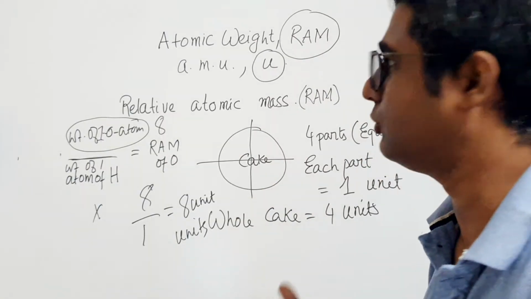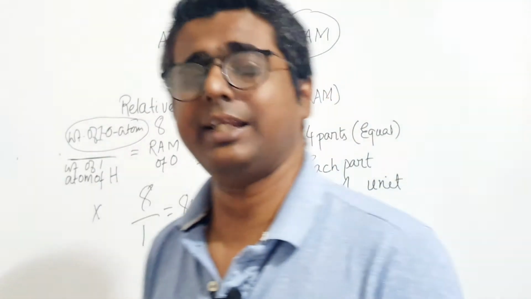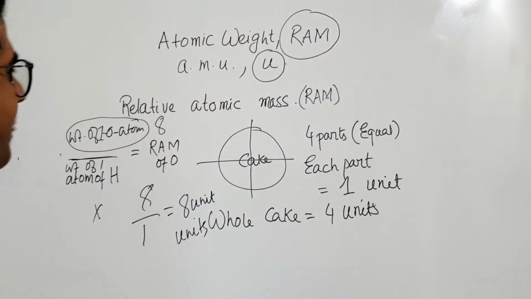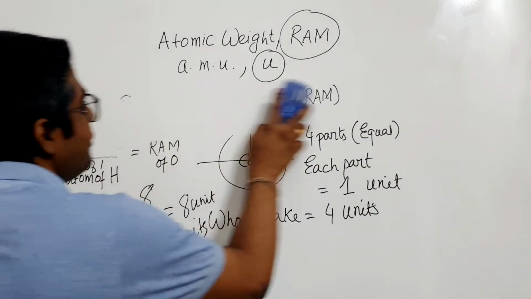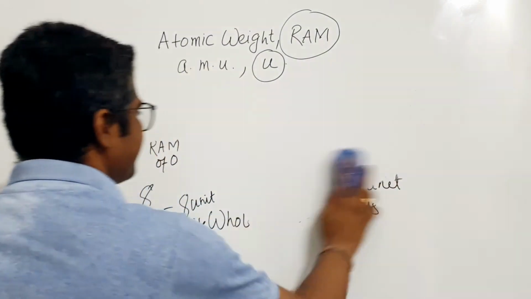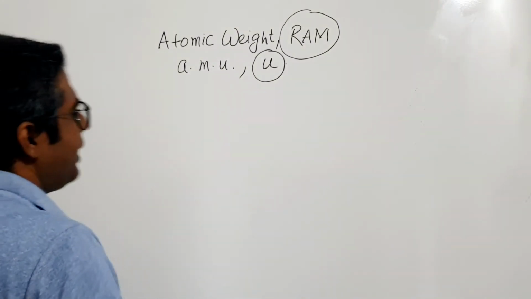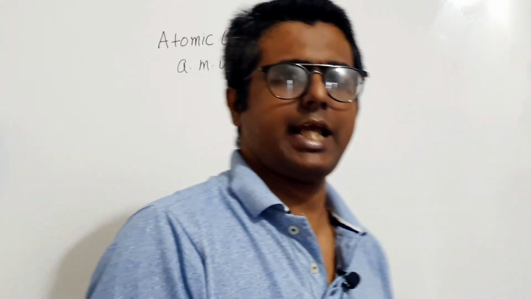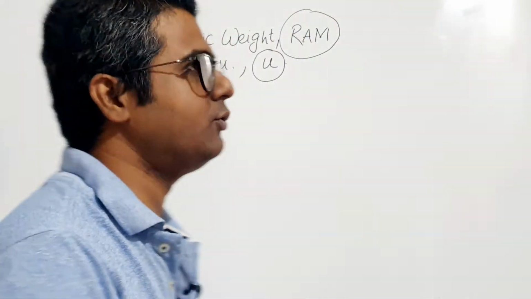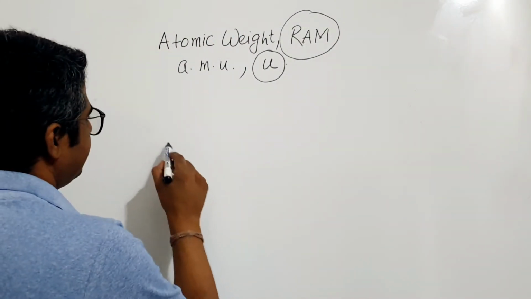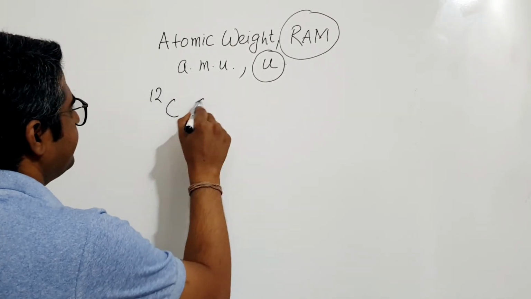After that, they did it with oxygen also. Finally, in 1961, IUPAC, the International Union of Pure and Applied Chemistry, made a universally accepted scale, that is C12. So, the scale was the carbon 12 scale.